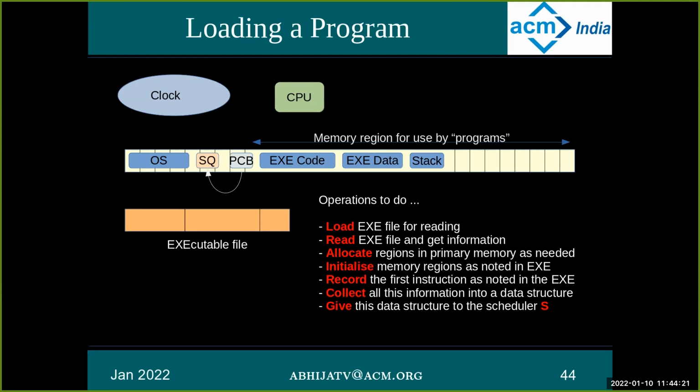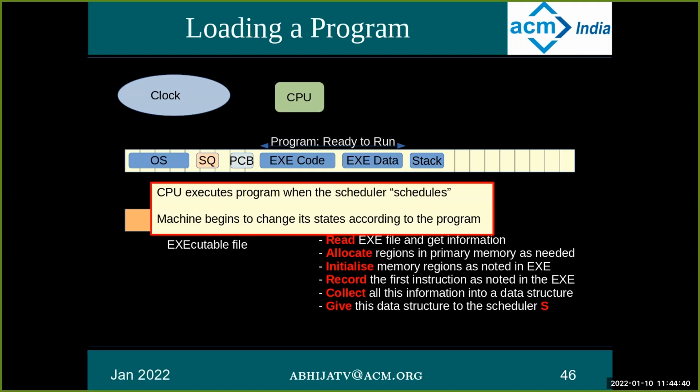All right. This is a slightly new piece of information that is there. I just want to show the hardware and software coming together, the first view. Now the program is ready to run and will get executed when it is scheduled. So when the CPU executes the program, when the scheduler schedules it, it's at that point the machine begins changing its states according to the program.